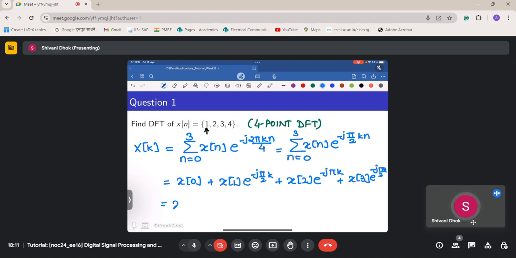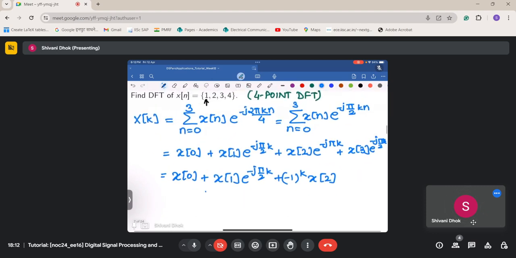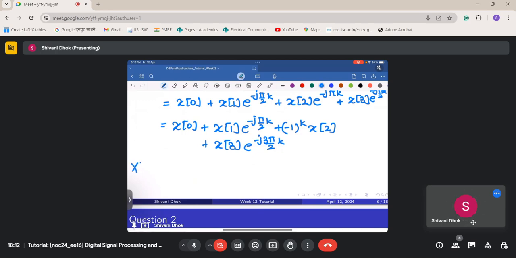So this I can also write as x of 0 plus x of 1 into e power minus j pi by 2 k plus, this quantity here will be minus 1 to the power k, so minus 1 to the power k into x of 2, plus x of 3 into e power minus j 3 pi by 2 k. So now let us find out x of 0, or let us simplify this further.